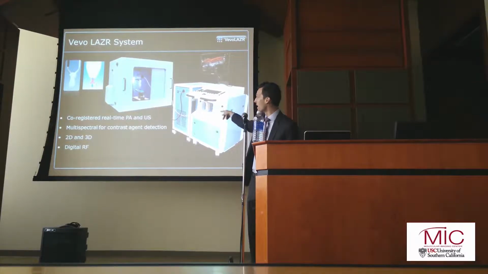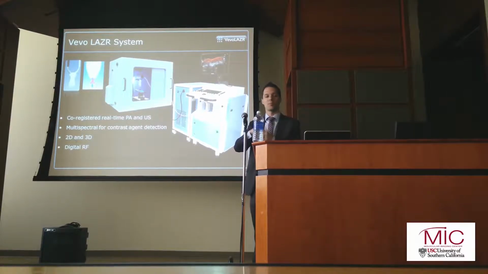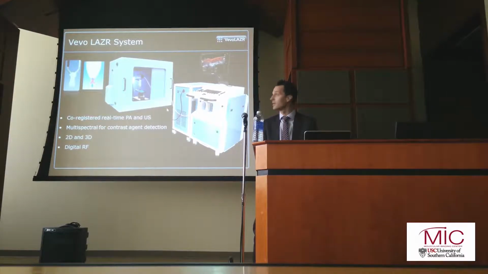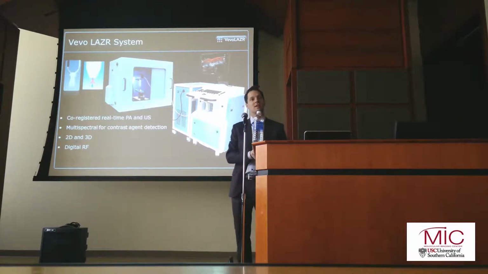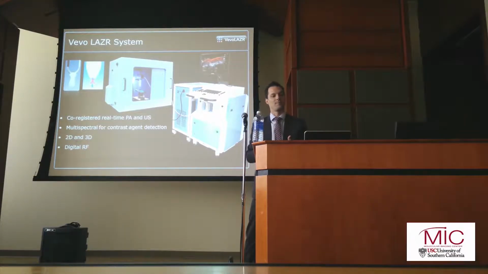Then we deliver the light via a light tube or a fiber optic, which is integrated into the ultrasound probe itself. You can see the ultrasound probe right here. So we deliver the light right into the probe and then collect the ultrasound out here. We've got the animal imaging platform, which is heated to maintain the physiology of the animal. It's got leads so we can monitor ECG and respiration rate.